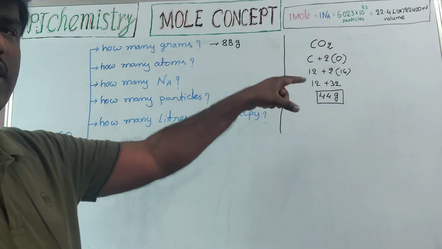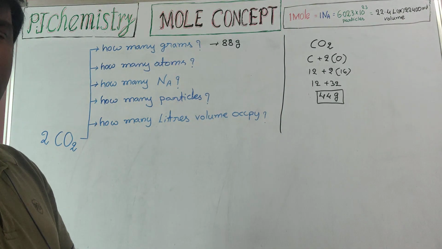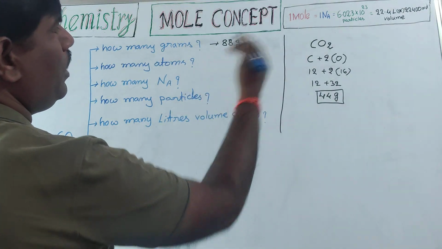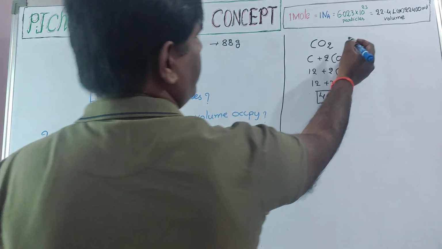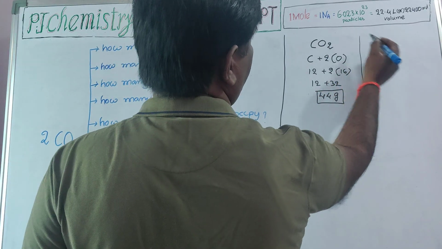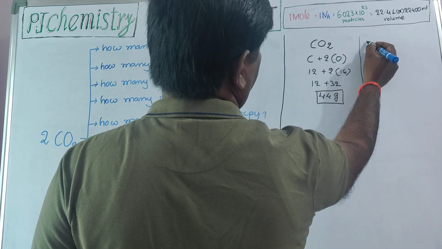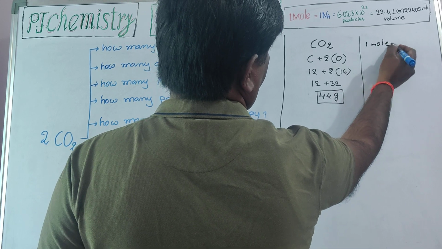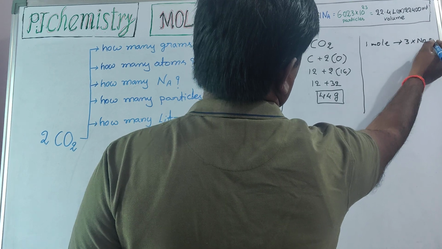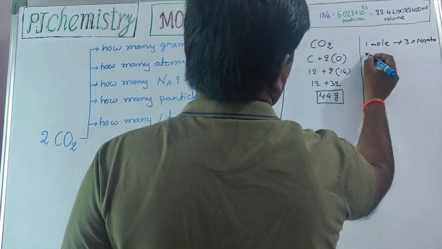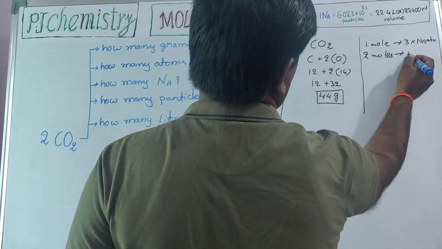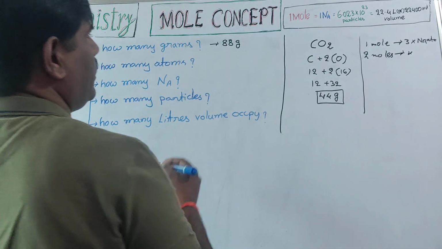If 1 mole has 3 into Avogadro number of atoms, then for 2 moles, cross multiply: 2 into 3, 6.